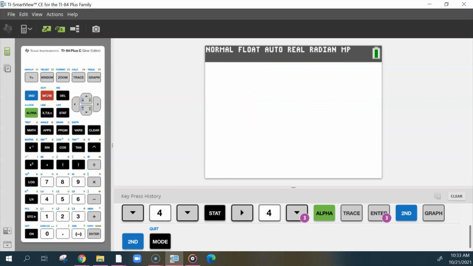So if I go back to my home screen, second mode takes you back home. Whatever your x value is, you store it, the STO above the on, as your variable, and hit enter.